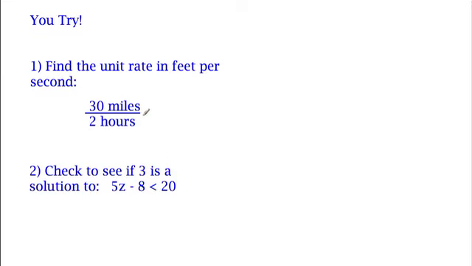All right, welcome back. So here we go. I want to get this into feet per second. So on the top, I have miles. To get it canceled out, I have to put it on the bottom. 1 mile cancels out, but I need to know what is 1 mile. 1 mile is 5,280 feet. Now I want feet on top. Feet per second, right? That's what I want. So feet is good.